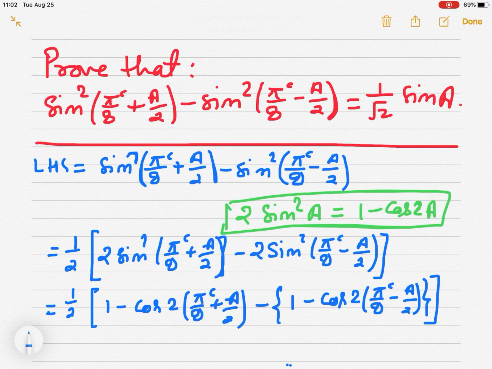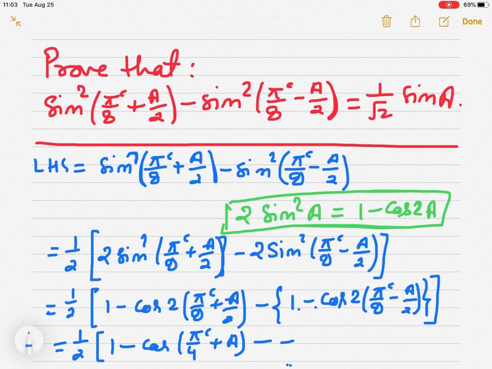So now this is equal to 1 by 2, as it is. Now in 1 minus cos, this 2 will multiply inside. 2 times π/8 will be only π/4 radian, and then plus 2 times A/2 will be only A. Again minus will be minus times 1 is minus.